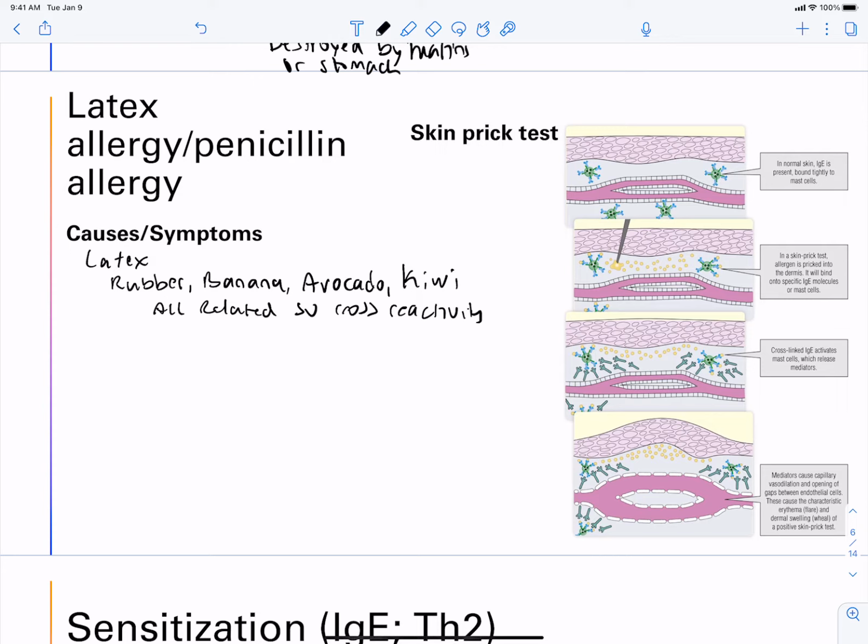And then penicillin. This is going to be against the beta-lactam ring, which is part of the structure of this class of antibiotics.